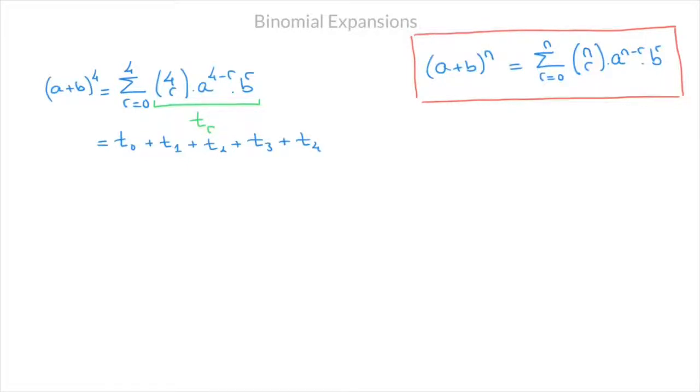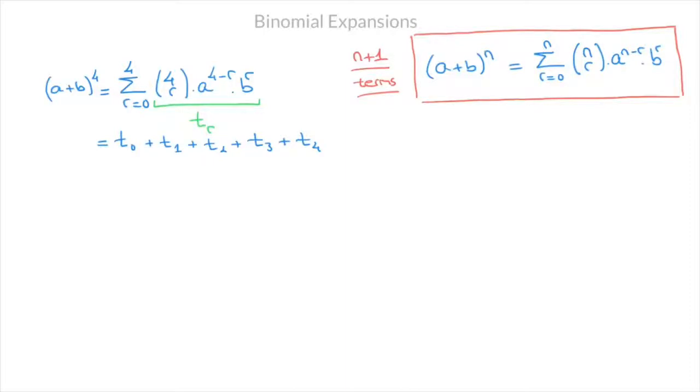At this stage, there's already an important rule that I'd like to point out. We can see here that we have 1, 2, 3, 4, 5 terms in this expansion. But the binomial a plus b had been raised to the power of 4. And in fact, this highlights an important rule. When we raise a binomial a plus b to a power n, this will always lead to n plus 1 terms.